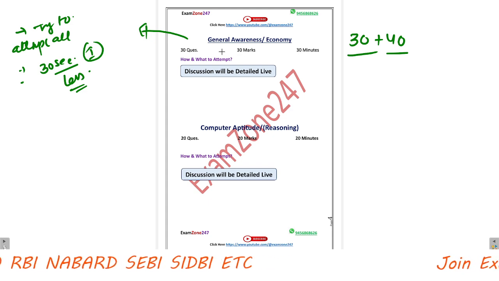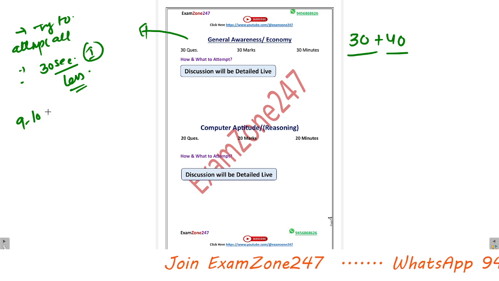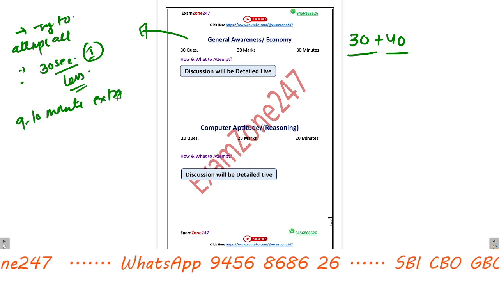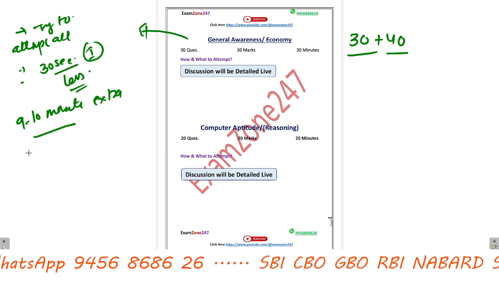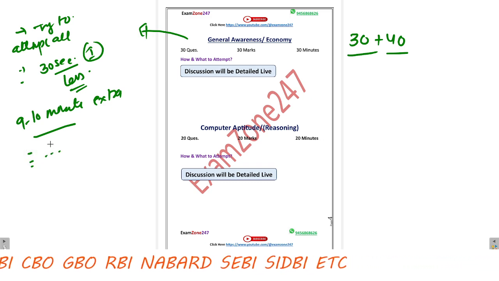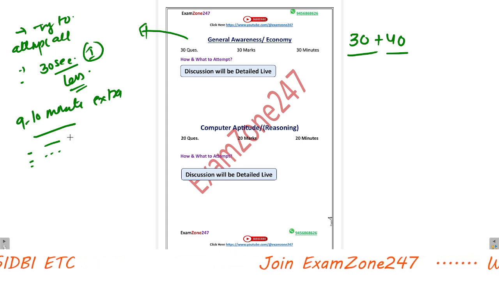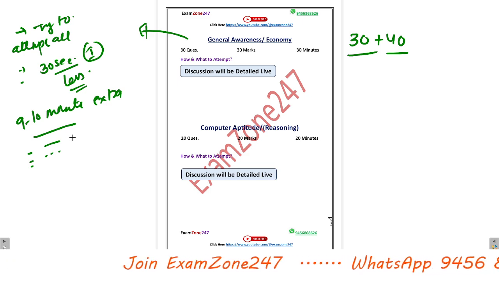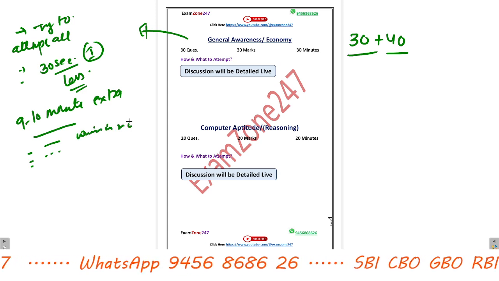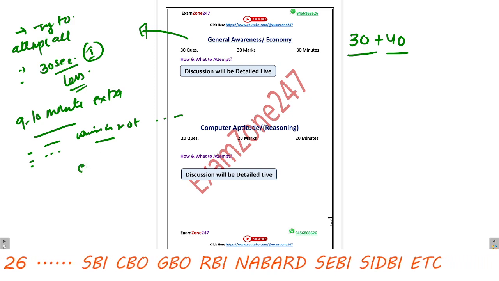Out of this, you will find almost 9 to 10 minutes extra. Then what you will do in these minutes: go to the first question, second question, third question, and so on, in a bird's eye view, in a very fast way, to ensure that if it asked which one is not this, you have selected the right one.